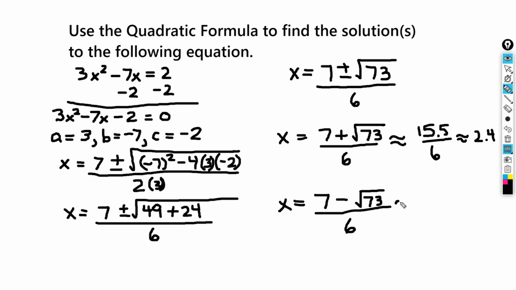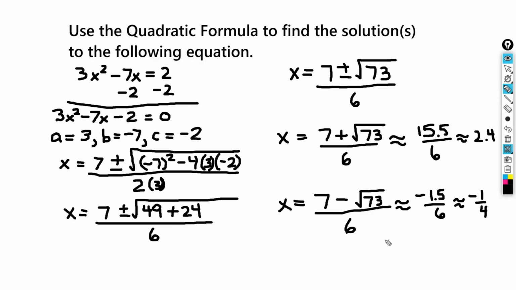And this one, 7 minus the square root of 73, so 7 minus 8.5, so it's like negative 1.5 over 6, approximately negative 1/4, or negative 0.25. It's not going to be exact.